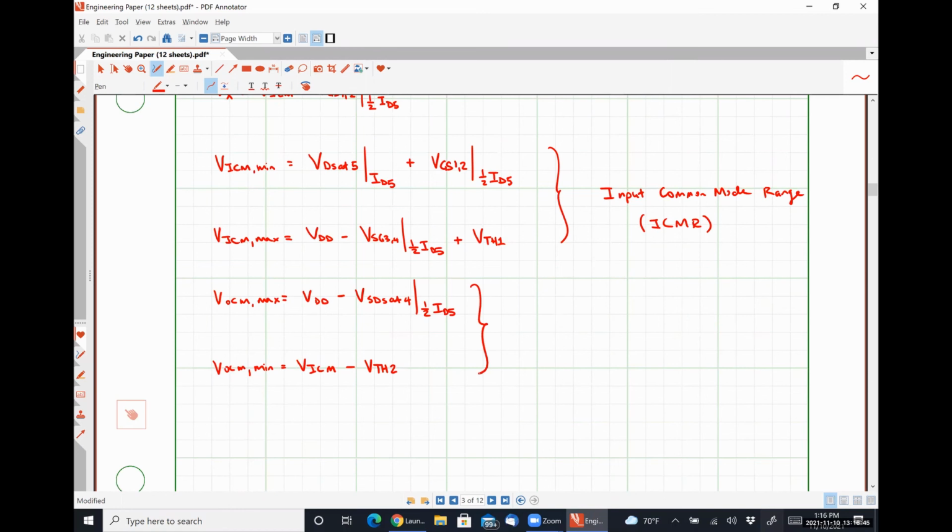And therefore we have an output common mode range, OCMR as well. This is another thing that's literally on the data sheet for an op amp.